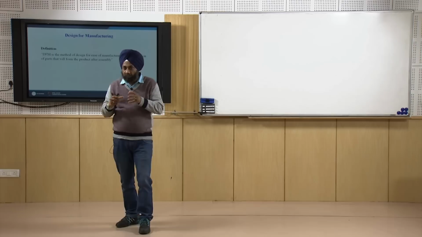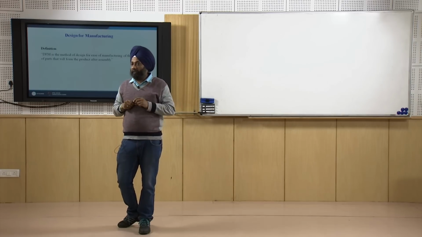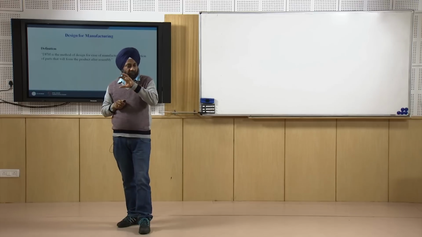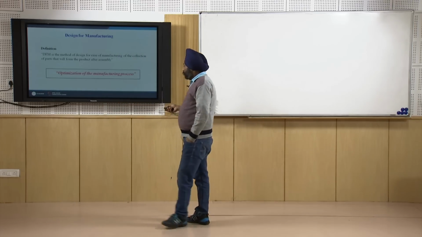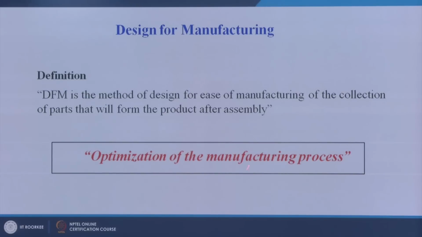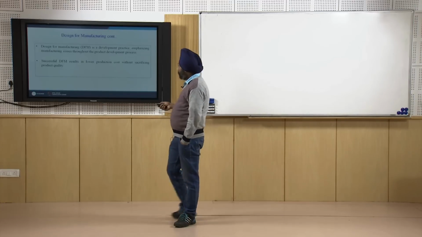We will try to see how a set of guidelines can help us to achieve this objective. So here we are trying to optimize the manufacturing process. We are trying to design the product in such a way that it is easy to manufacture.